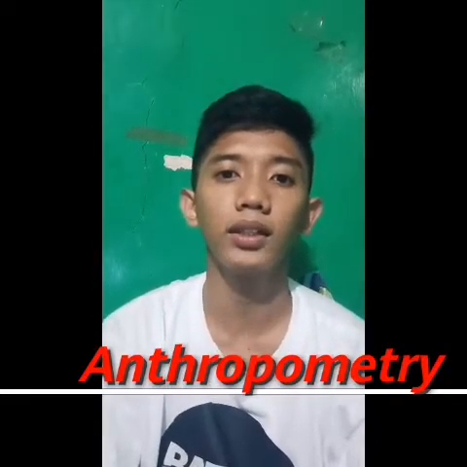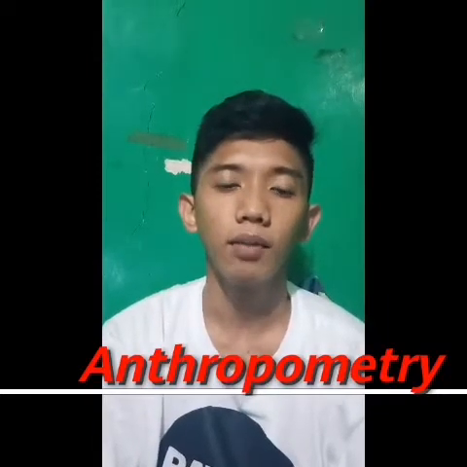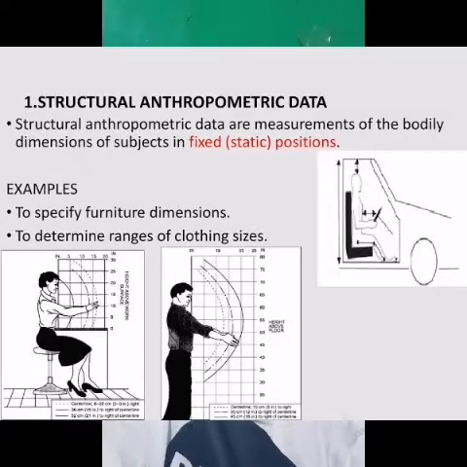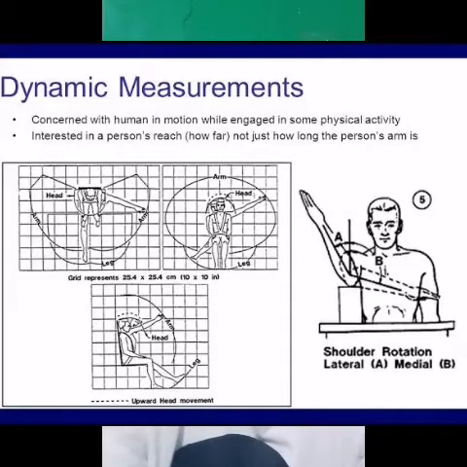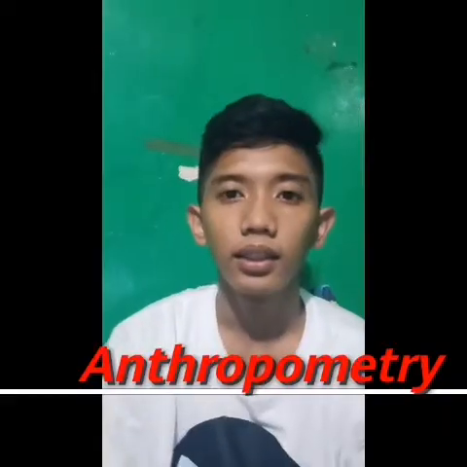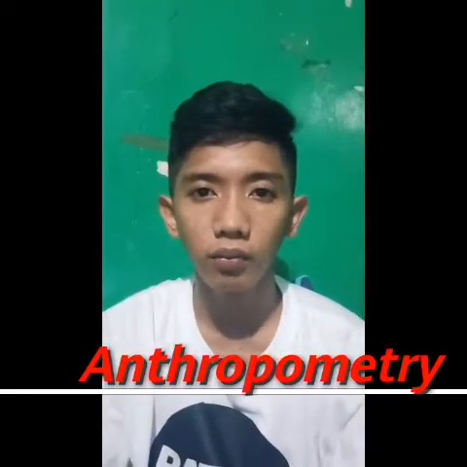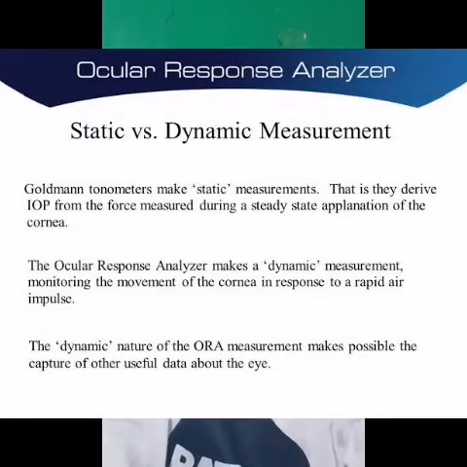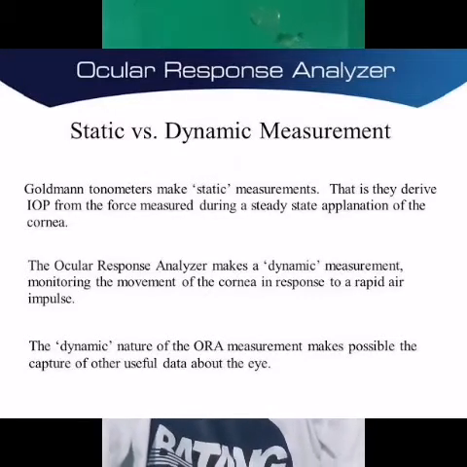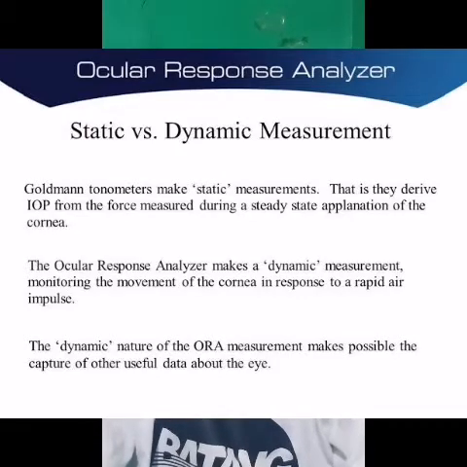Types of anthropometrics: static, structural, and dynamic, functional. Static is a measurement of body dimensions taken with the body in a standard, still position, while dynamic distances are measured when the body is in motion or engaged in a physical activity.